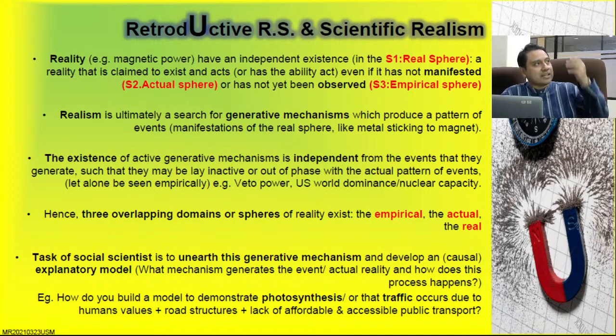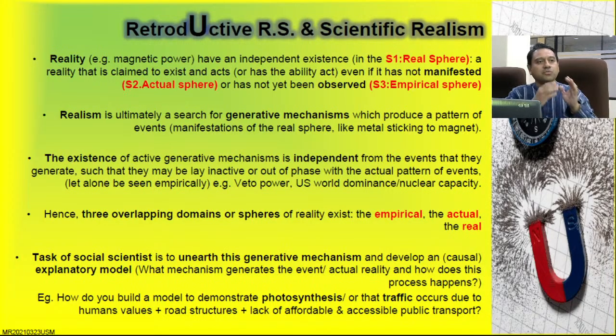That shows the power. Number 3, the existence of active generative mechanisms is independent from the events that they generate. So whether there is an event or not, it exists. Gunung Merapi in Jogja, it's erupting, right? I think it's erupting. So the volcanic mountain is actually active, but you cannot see anything happening, right?